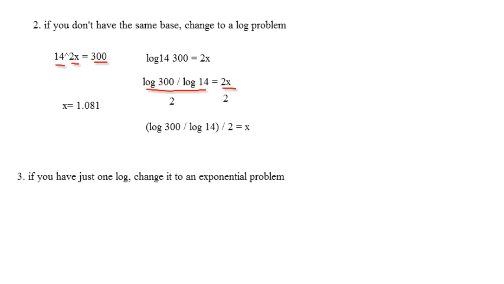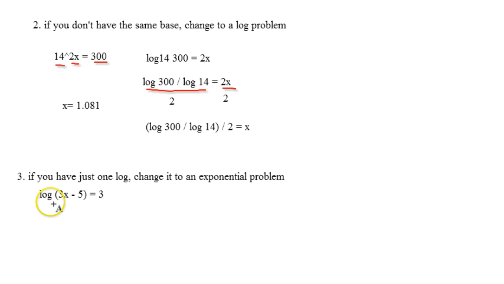Now this one is going to be a logarithmic problem. If you have just one log, change it to an exponential problem. So let's say we have log of 3x minus 5 equals 3.